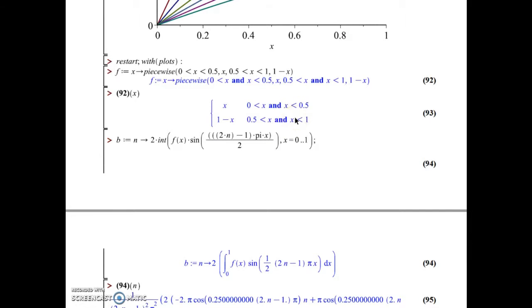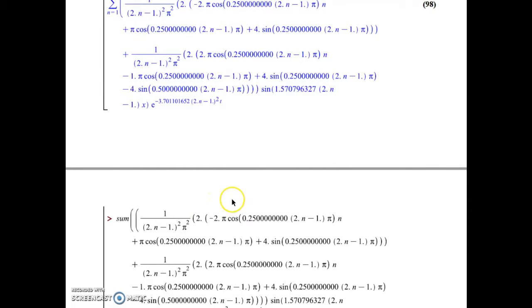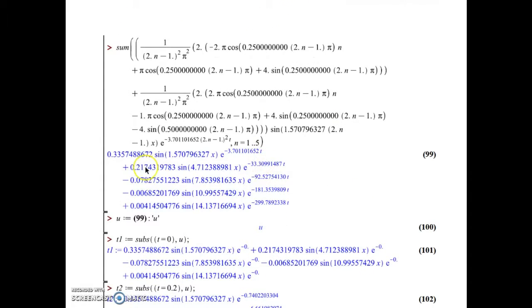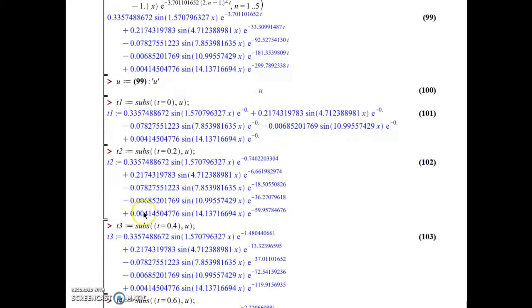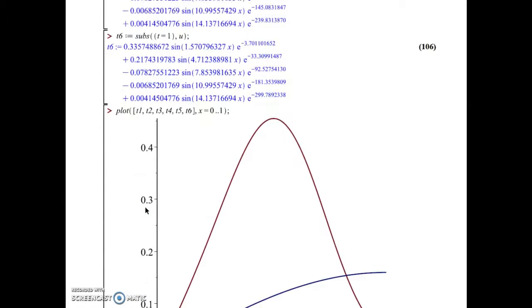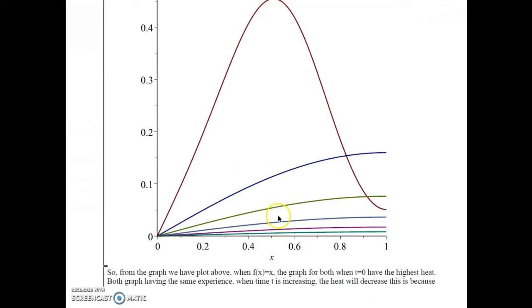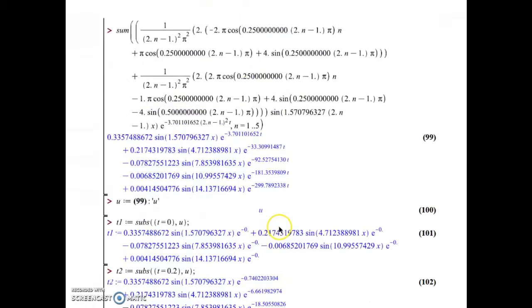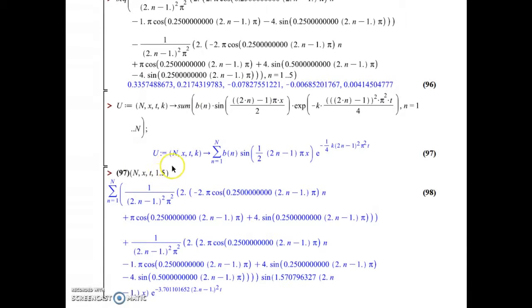For the next one, we'll substitute 1.5. We'll skip all this. With the summation of this, we get this, and assign it as u again. And then t, under the 1. Okay, now the graph is getting lower and lower when your t value is equal to 1.5.